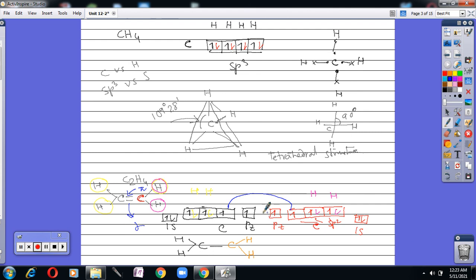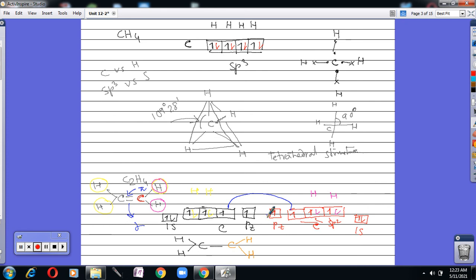And the pz here, they have not yet paired up. So it's a pz orbital. Here is also another pz orbital of red carbon. Both are containing one electron.